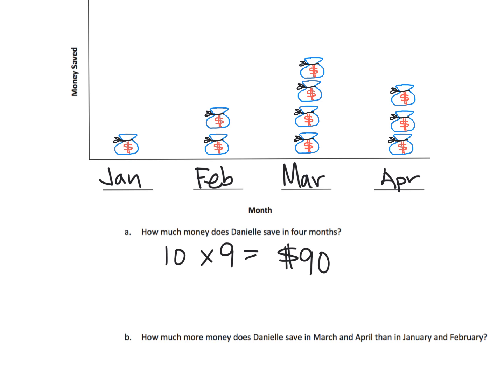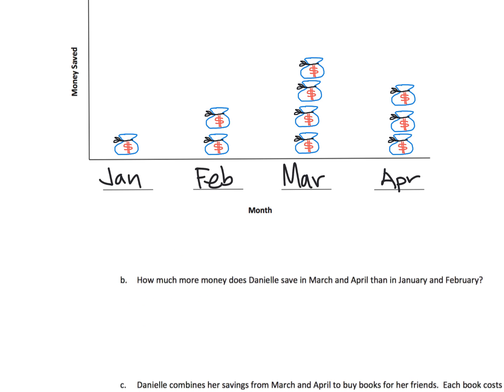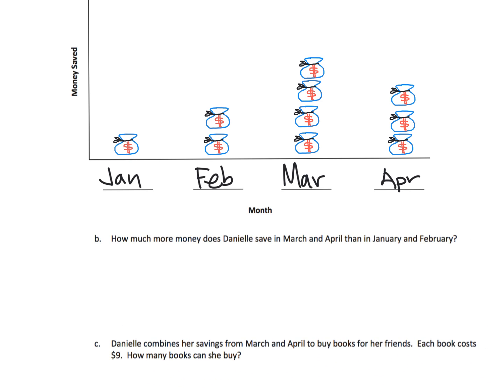So now we're going to slide that up, and then we have another question. It says, how much more money does Danielle save in March and April? So March and April, well, that's 1, 2, 3, 4, 5, 6, 7. So 7 times 9 is $63 in March and April. And then January and February, we can see is 1, 2, 3.